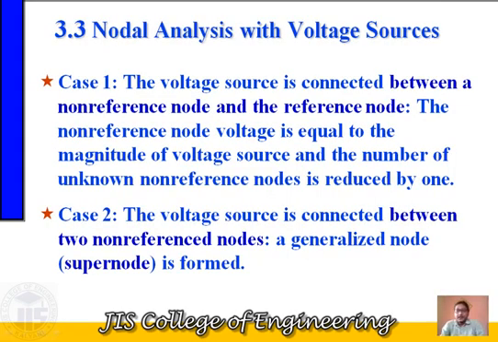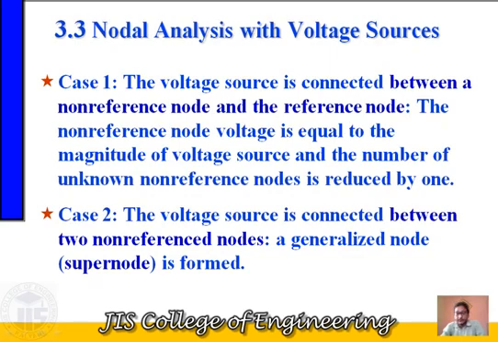Till now, the circuits we have seen contain either a voltage source or a current source along with some resistances, so we have had no problem calculating the circuit. Now if a voltage source is connected between two non-reference nodes, how can we solve it?